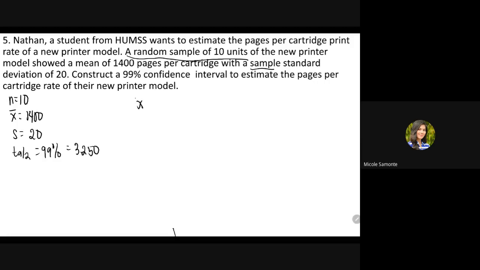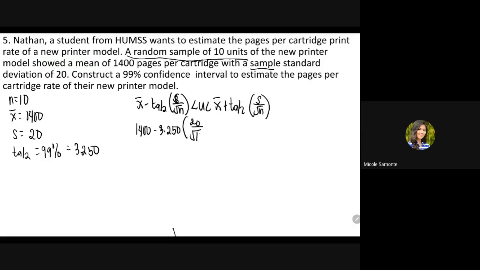Sulat mo lang sample mean minus T alpha over 2, sample standard deviation over the square root of the sample, less than the population mean, less than sample mean plus T alpha over 2, sample standard deviation all over the square root of the sample. So we have there 1,400 minus 3.250, 20 over the square root of 10.